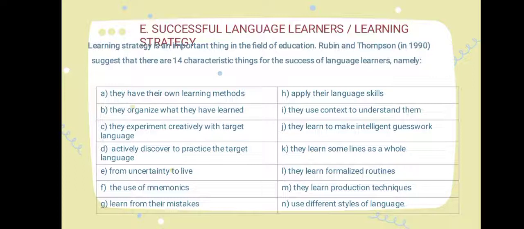The first is they have their own learning methods, they organize by their talents, they experiment creatively with the target language, and then actively discover and practice the target language from uncertainty to life, the use of mnemonics, learn from their mistakes, apply their language skills.